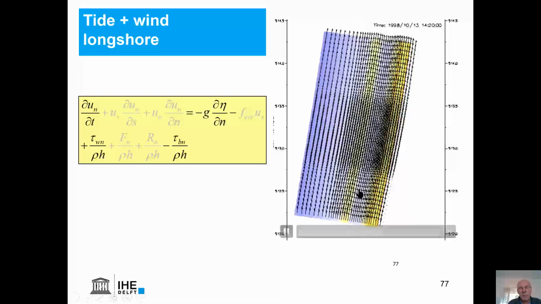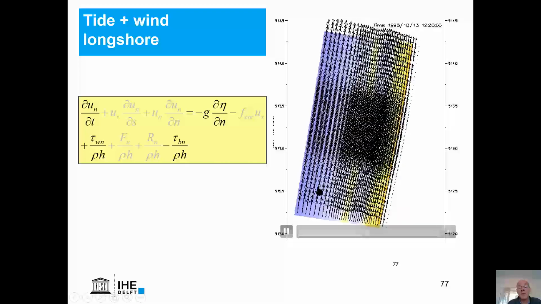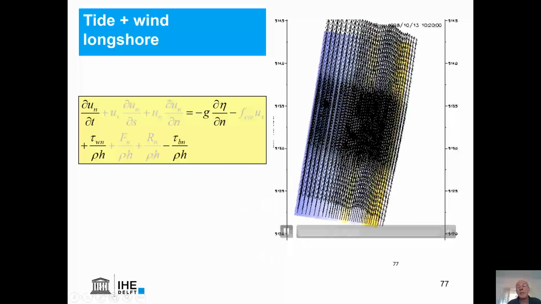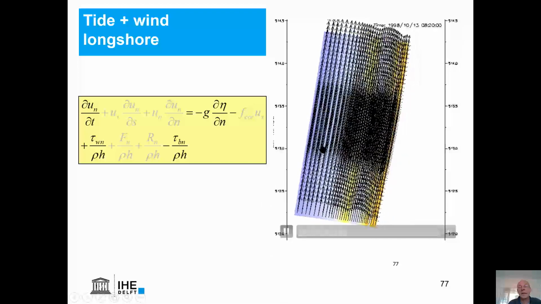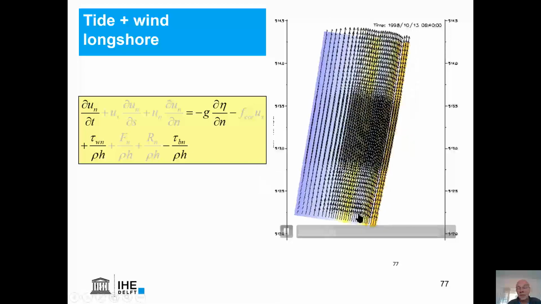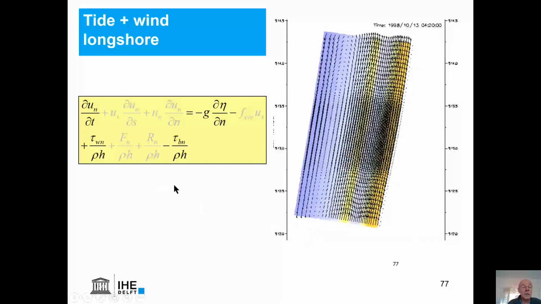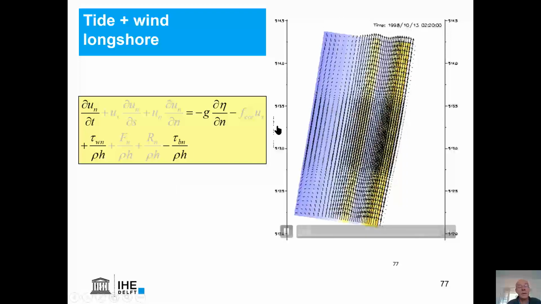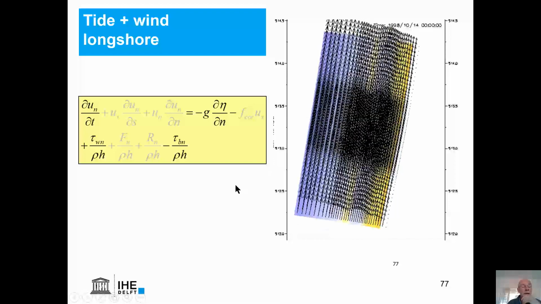And of course, if we combine these tide and wind-driven currents, with a strong southwesterly wind in this case, we end up in a situation where the ebb current is sort of blown away by the wind-driven current. The wind-driven current can be strong enough to suppress the tidal current.